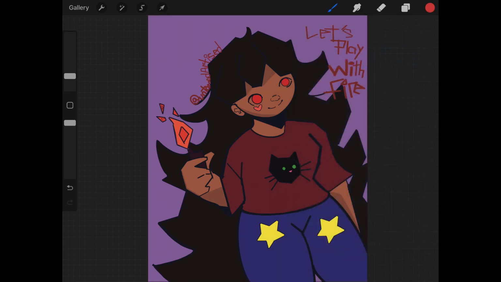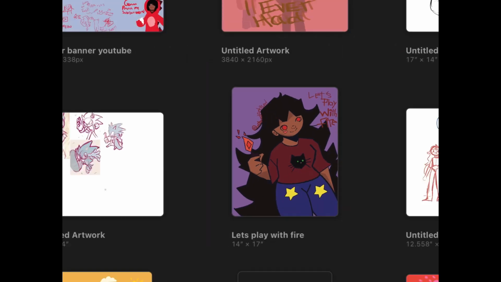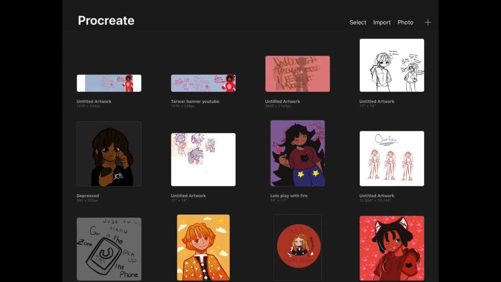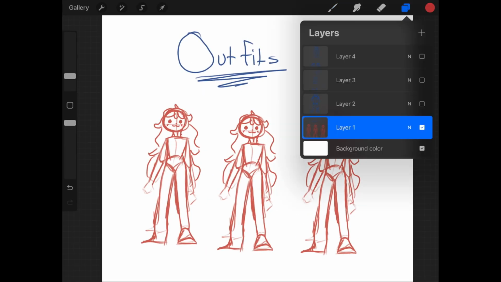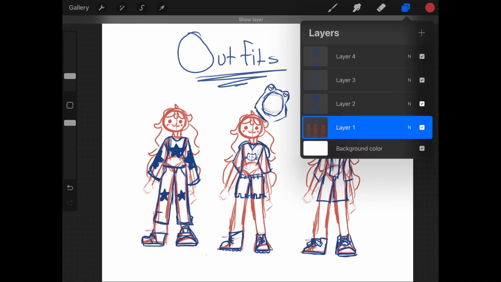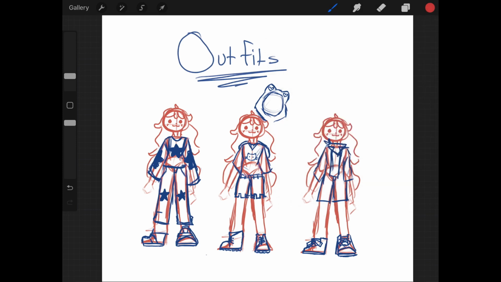It doesn't clash at all. You can see what character it is, but I wasn't digging that. So then I decided to do some redesigns, and these are some ideas I came out with earlier in this year.